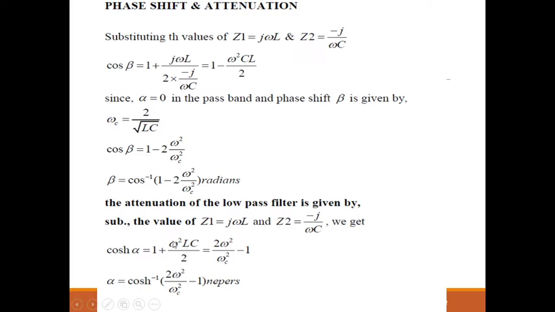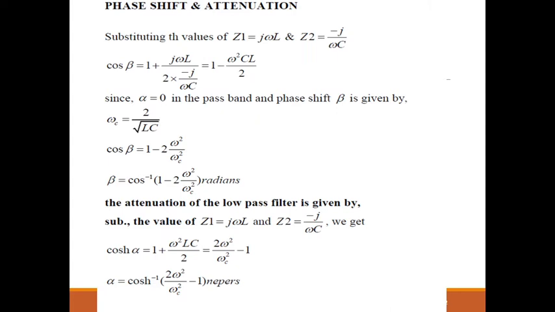While simplifying this expression, finally we obtain 2 omega square by omega c square minus 1. So taking alpha alone, it is the cosh inverse of 2 omega square divided by omega c square minus 1. That is the attenuation and phase shift constant of the constant K low pass filter.